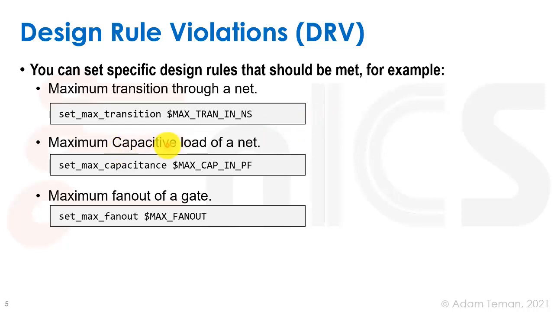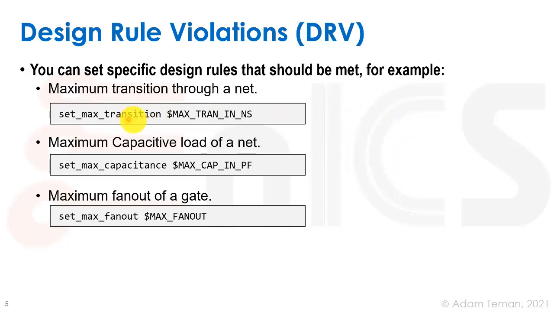Same with maximum and minimum capacitance. And actually, these are defined inside our libs, because the tables are usually common for all the cells, and we want to make sure that the library was characterized from some minimum point to some maximum point, and we have our models defined inside there.